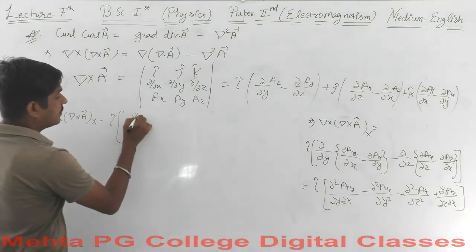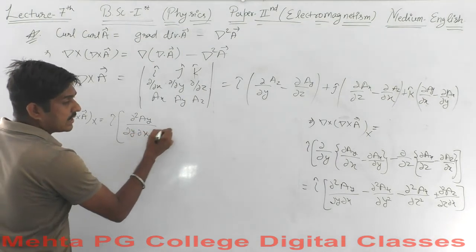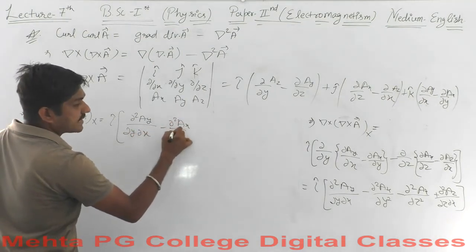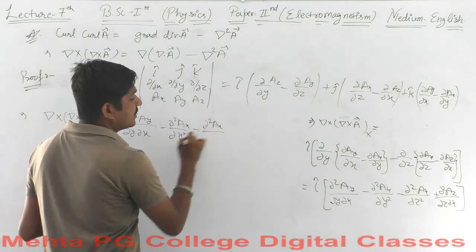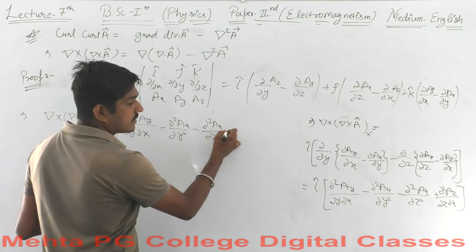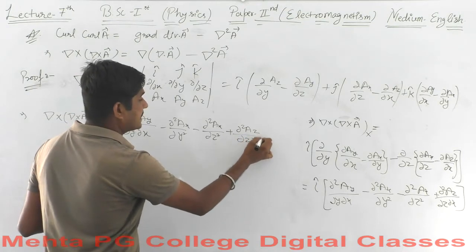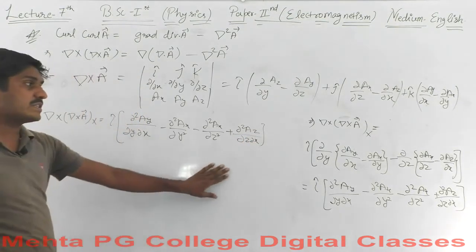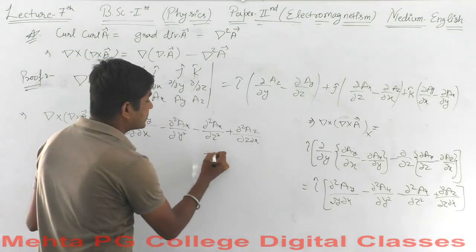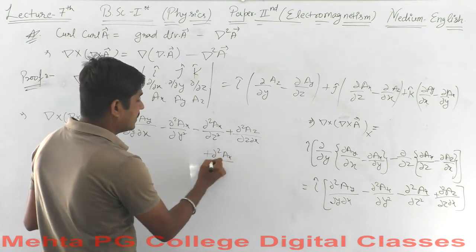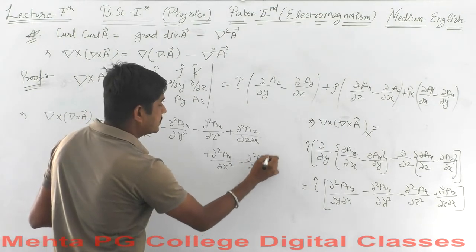For this i cap, ∂²Ay/∂y∂x minus ∂²Ax/∂y², again minus ∂²Ax/∂z² plus ∂²Az/∂z∂x. So this is what the equation was, but for our simplification, let me add and subtract a quantity, ∂²Ax/∂x² minus ∂²Ax/∂x².